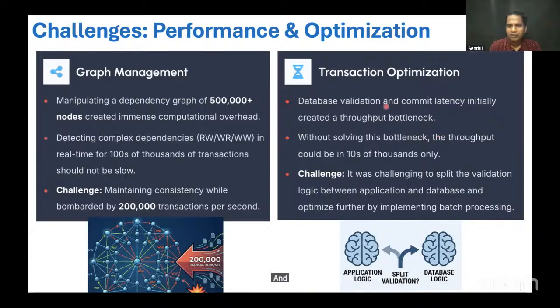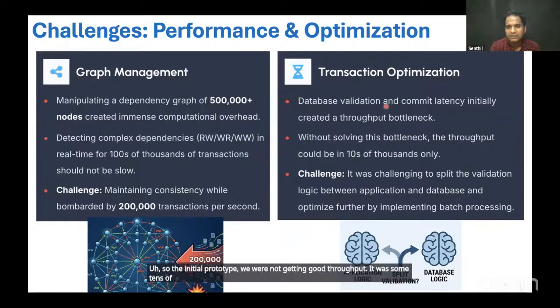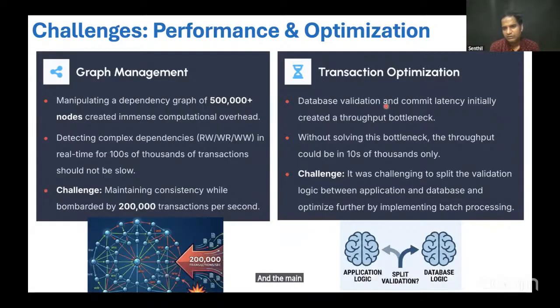And then the final challenge was with respect to the database usage itself. In the initial prototype, we were not getting good throughput. It was some tens of thousands of TPS. The main bottleneck was the validation and commit latency, because many of the validations we were doing at the application layer were making things very slow.